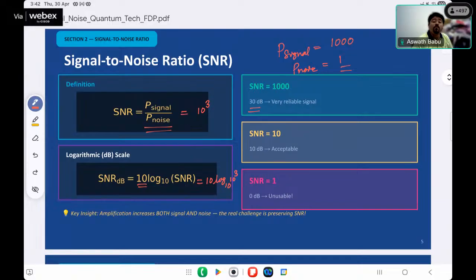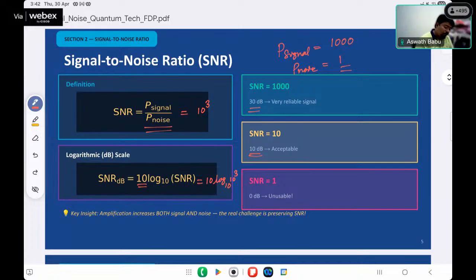It means noise is just 1 part in 1000. If by any means it becomes 10 decibels, it is reduced by 1/3. Reduced by 1/3 means instead of being 30 decibels, it is reduced to 1/3.